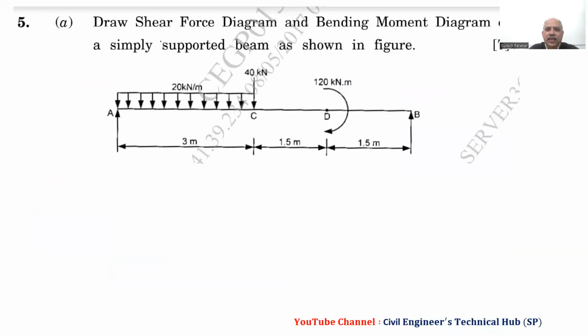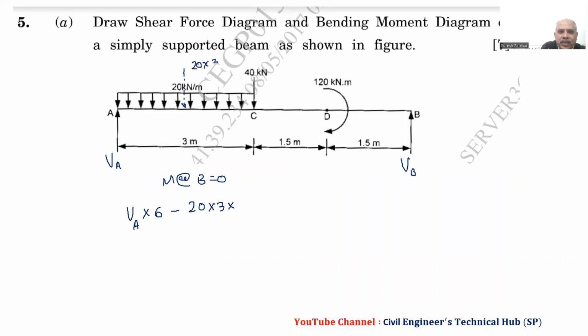We have this problem: draw the shear force and bending moment diagram of a simply supported beam as shown in the figure. So we have this as VA, this as VB. Now we will take moment about B. We have VA into 6 minus 20 into 3 into, this will act at the center, so that is 20 into 3.